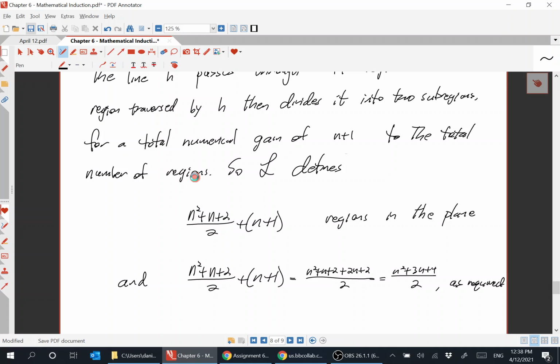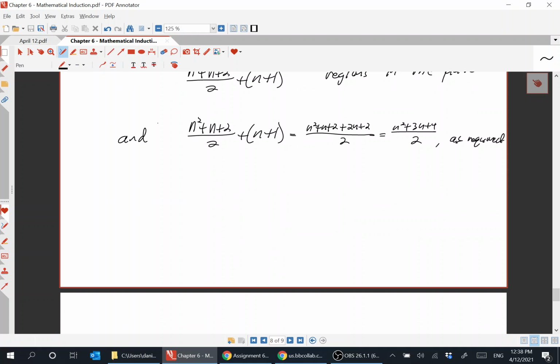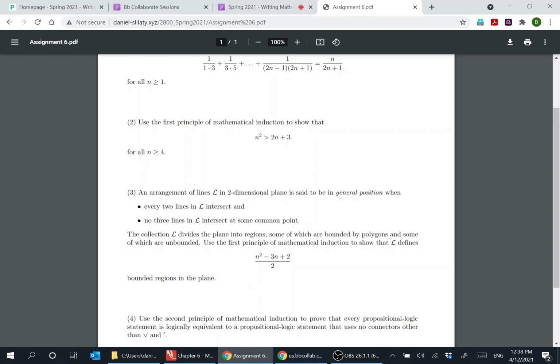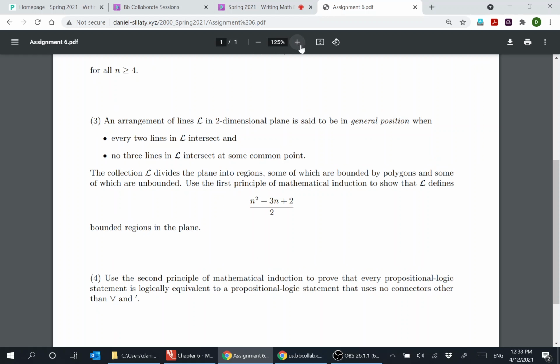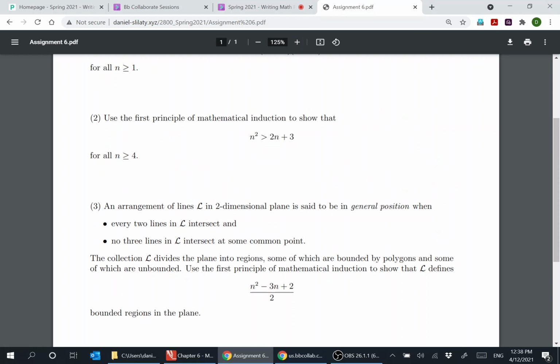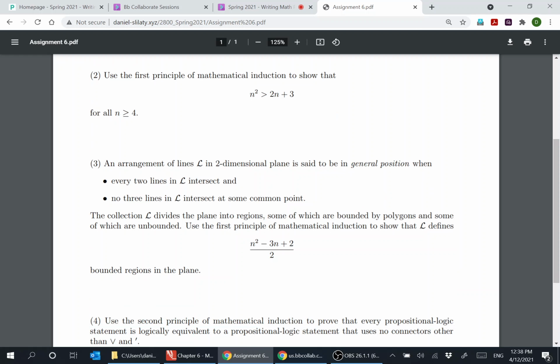So, in the homework, for assignment 6, number 3 here: an arrangement of L lines in the two-dimensional plane is in general position when every pair of lines intersect and no 3 lines intersect in a common point.